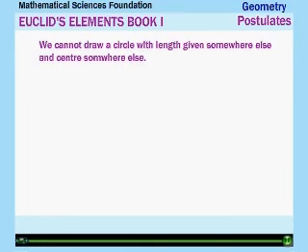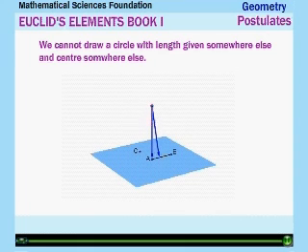What I cannot do is draw a circle at a point with a length given somewhere else. That is, suppose AB is a line segment and O is a point not on this line segment. Then I cannot draw a circle centered at O, length AB. I cannot place my compass's 2 endpoints at A and B and take this up and bring it down to O and draw a circle.